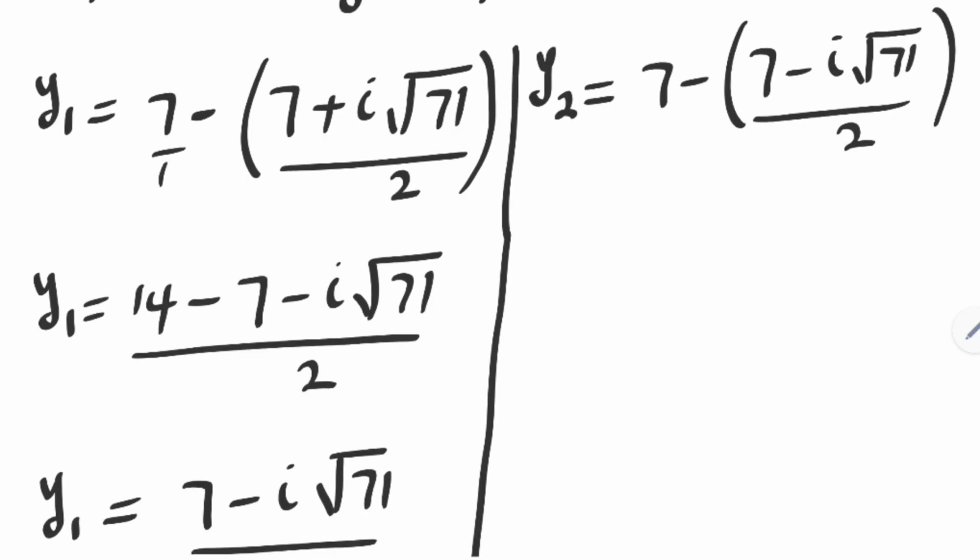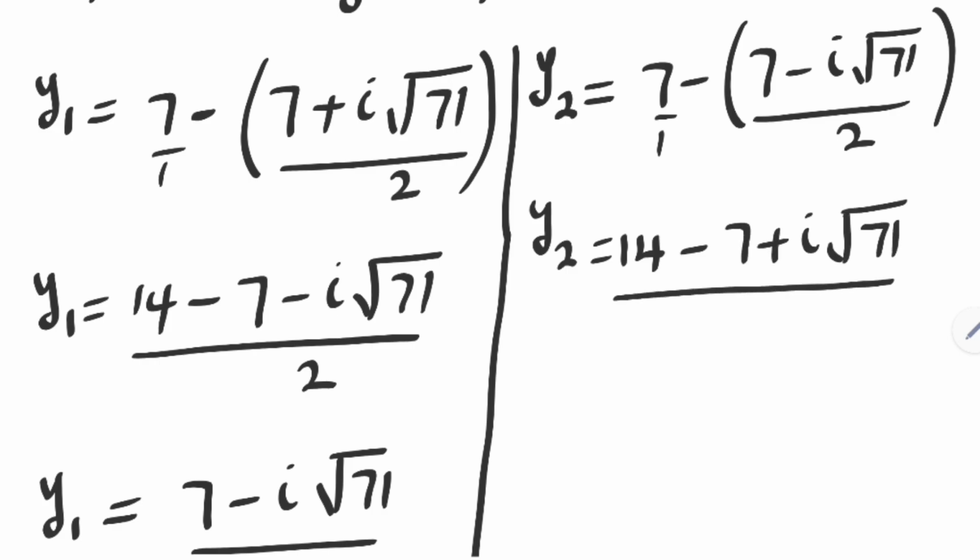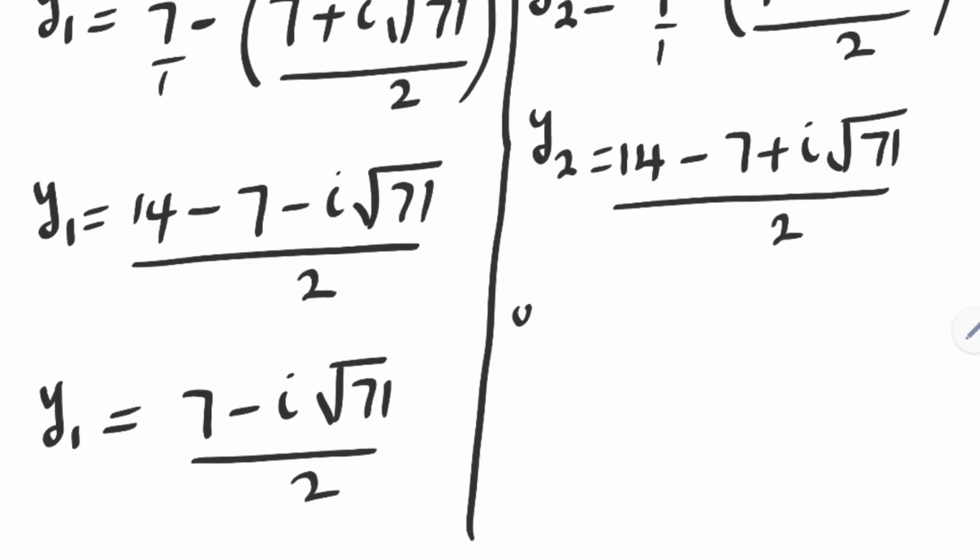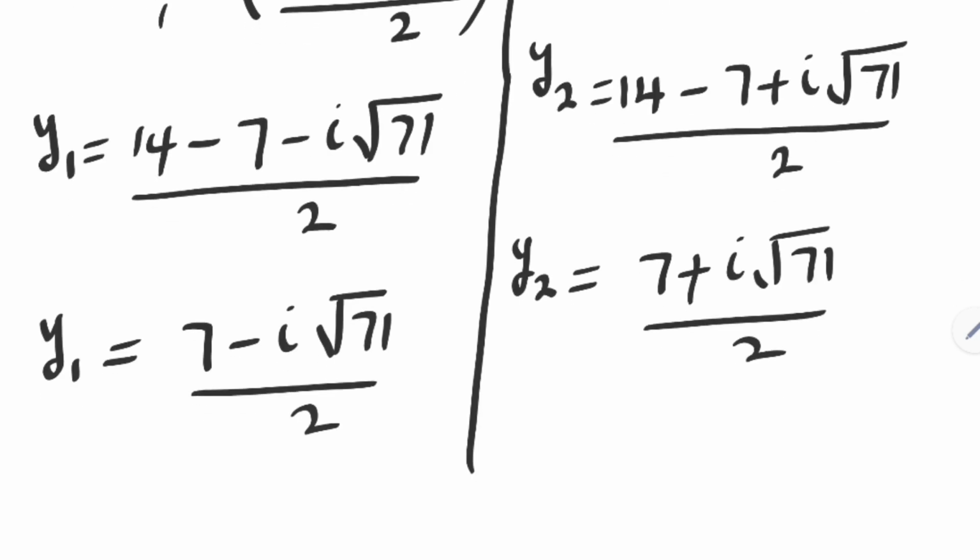Also, y2 is equal to, this is over 1, 1 into 2 times 7, we have 14 minus 7 minus i root 71 divided by 2. y2 is equal to 7 plus i root 71 divided by 2. This is the value of y2, and this is the value of y1.